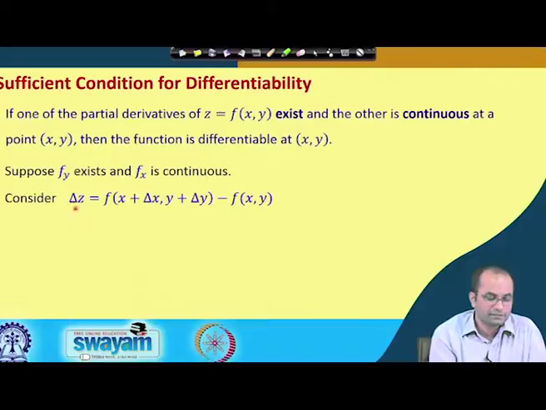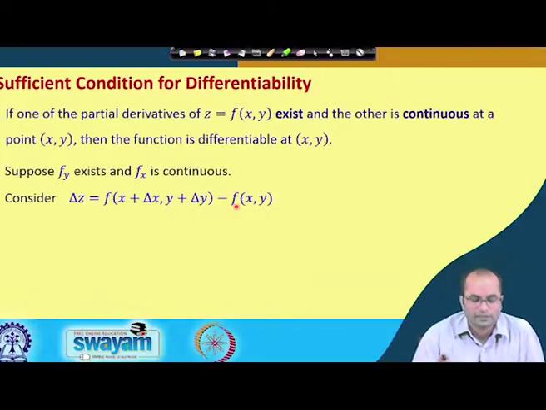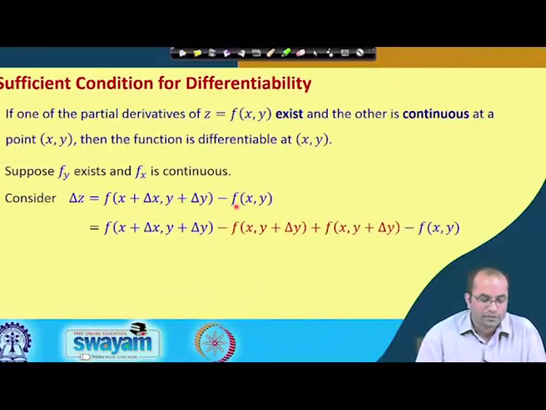In this case we will now observe delta z, the variation in z when we vary x by delta x and y by delta y. We will consider this difference and see whether we can express it in terms of that linear function plus epsilon 1 delta x plus epsilon 2 delta y.